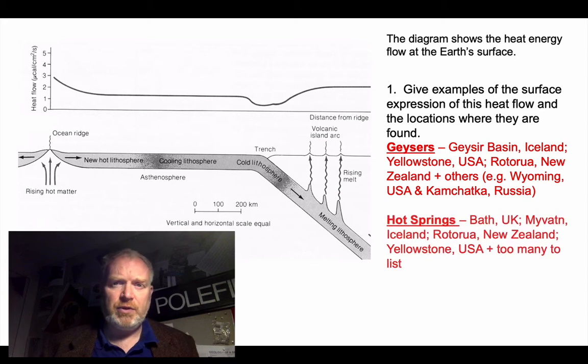The second piece of evidence are hot springs. Now this could be where we get geothermal areas, boiling mud pools like in New Zealand or in Yellowstone. Or it could just be hot water reaching the surface. Most famously in this country, Bath, with its hot geothermal spring.